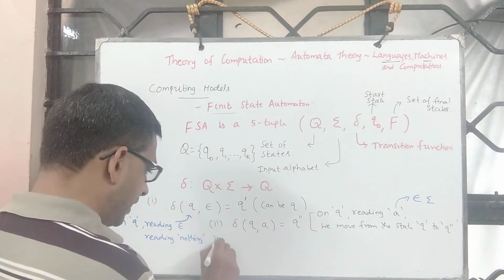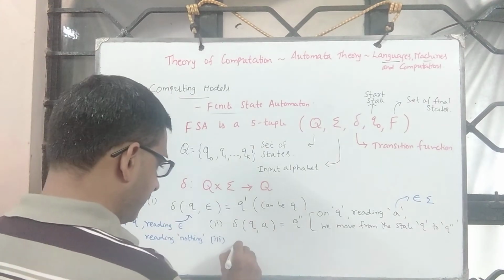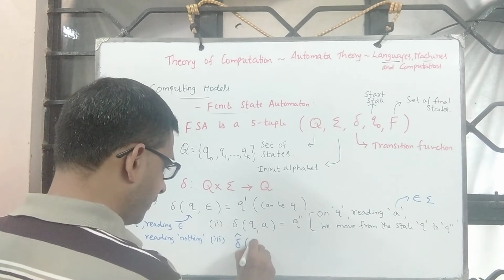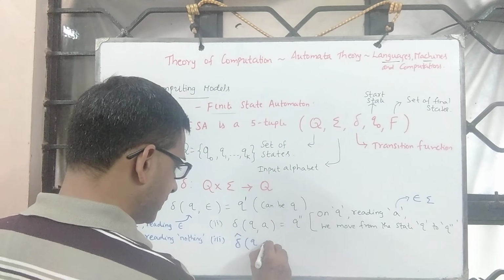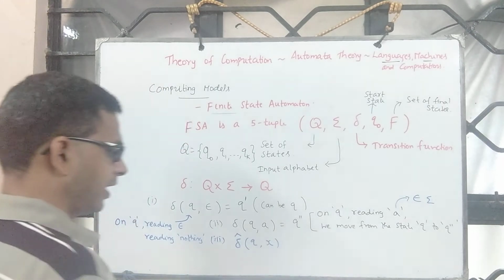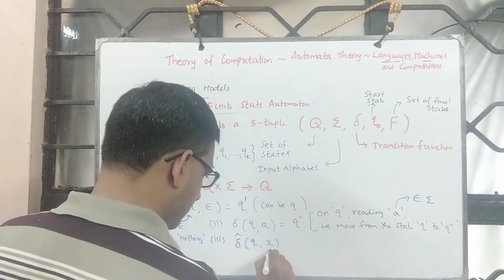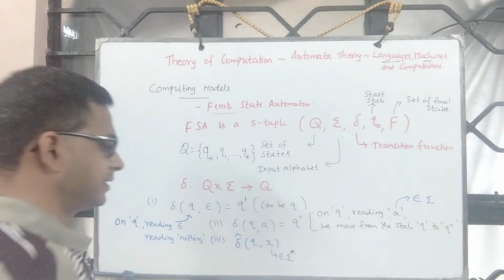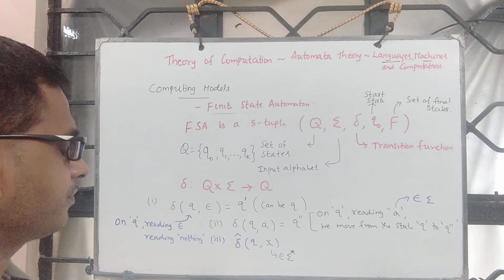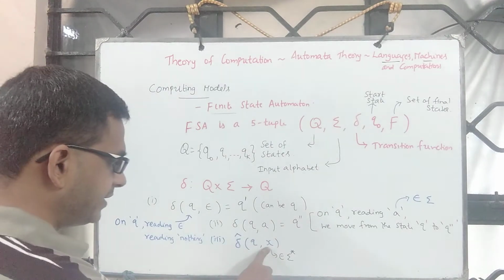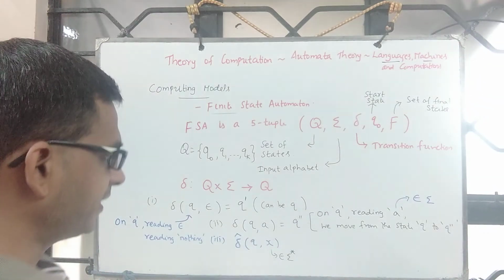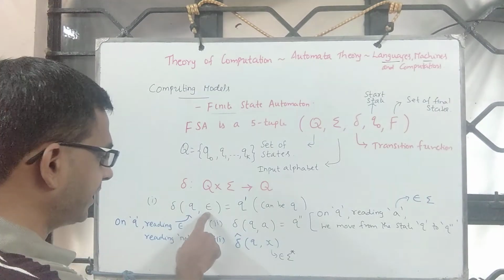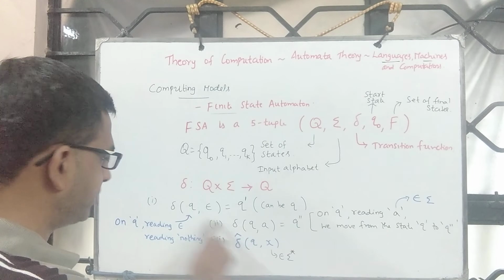You may even read a string. For example, you may say delta of Q comma X, where X is a string, so we say it belongs to sigma star. When it is reading epsilon or just one symbol, we use delta.